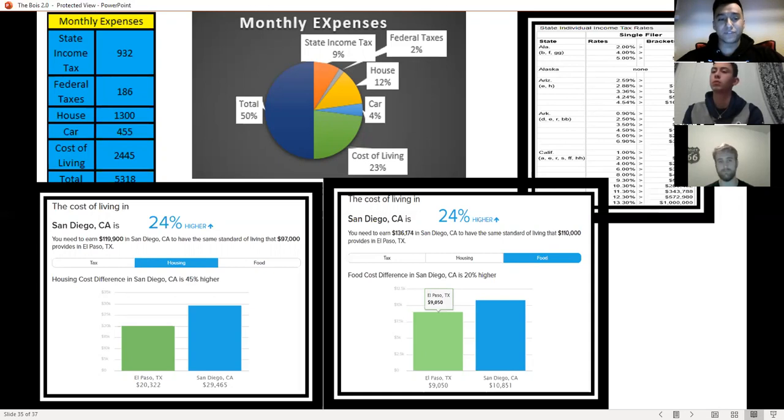So before I move to California, that's a category that I have to look at. Also, I'm comparing the food, and you can see that for Texas it's about $9,000, and for California it's about $10,900. So before I move to California, these are some categories that I'm going to be doing some research on, making sure that I can afford living in this city.